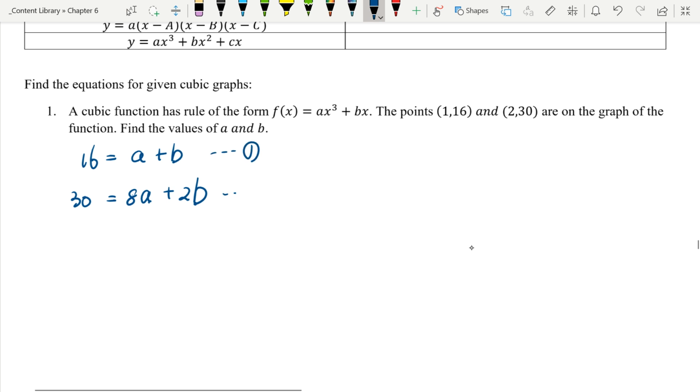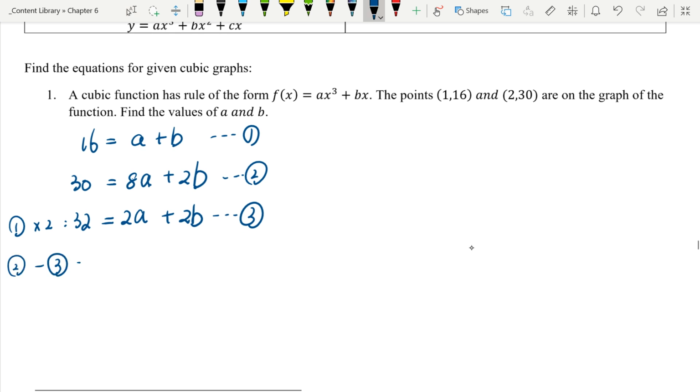That's equation 1, that's equation 2. If I times equation 1 by 2, everything times by 2, I will have 32 equals 2a plus 2b. Let's name that equation 3.